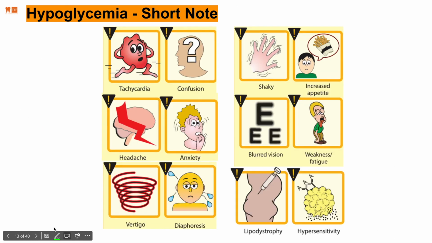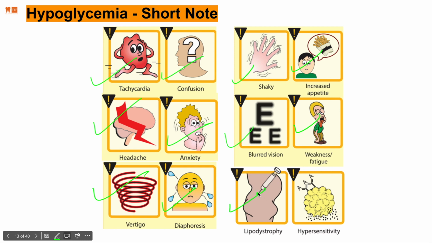So overall summary of all hypoglycemic side effects: tachycardia, confusion, headache, anxiety, vertigo, diaphoresis, which is sweating, shaky tremors, increase in appetite, which is hunger, blurred vision because of retinopathy, remember? Weakness and fatigue because there's lack of sugar in the body, so low energy.